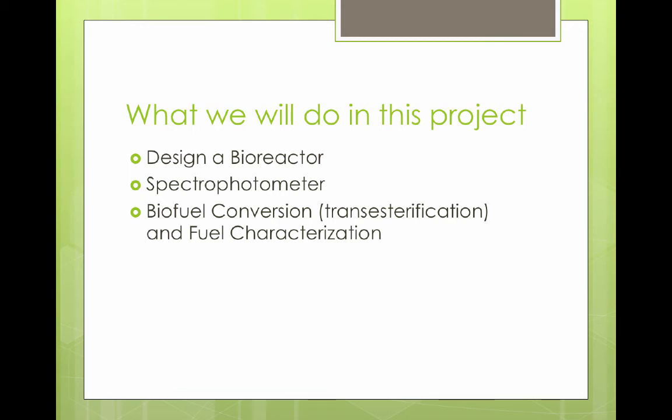And then we'll do a fuel characterization, because we want to make sure that the biodiesel that we make is similar in quality, and in things like viscosity, burn rate and burn temperature, to a diesel that we could get from a petroleum product. We need it to be similar so that it can be burned and used in the same type of engine that would burn a petrochemical diesel.